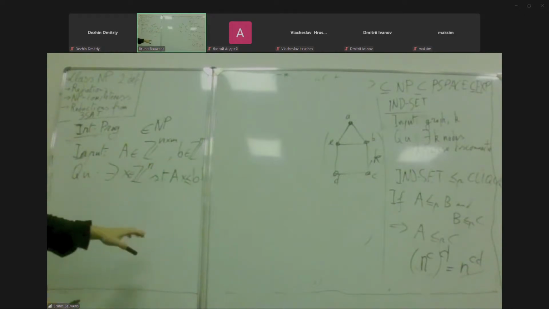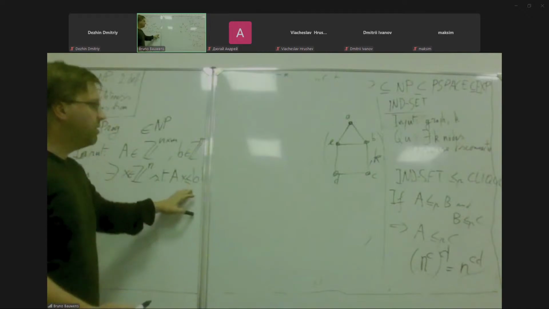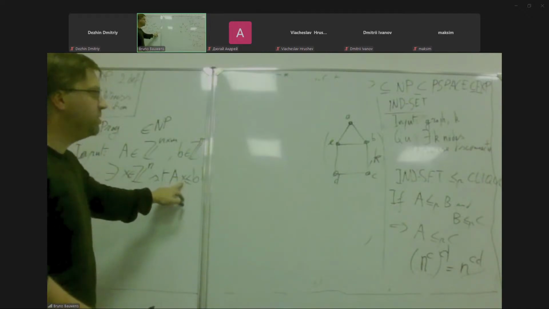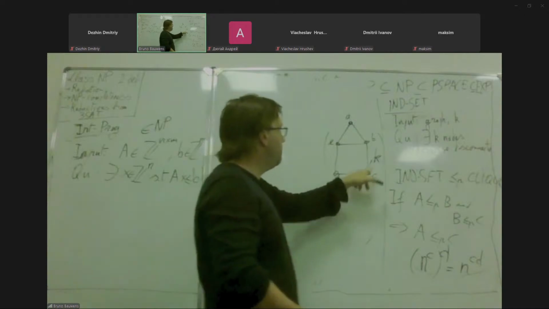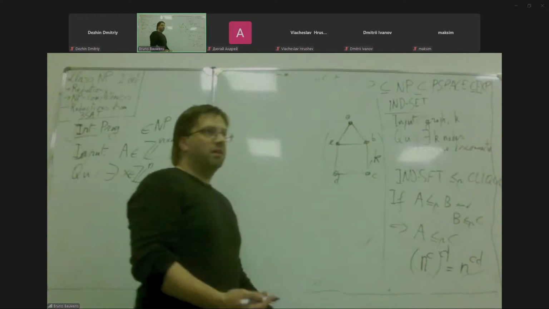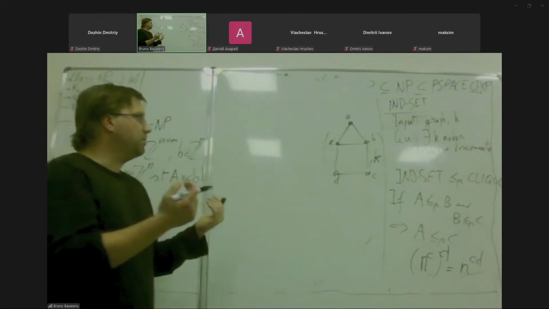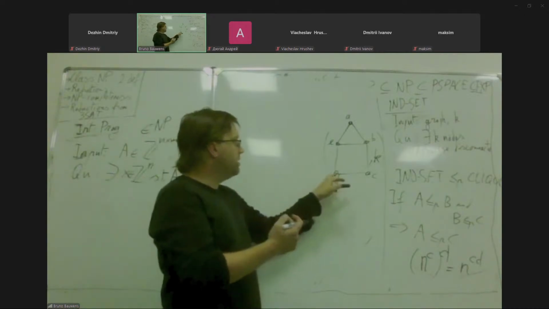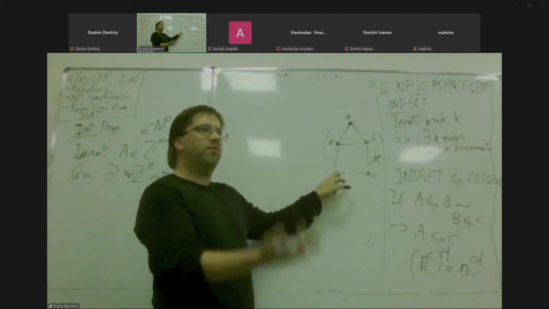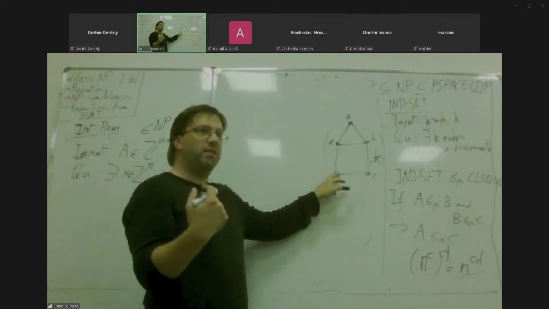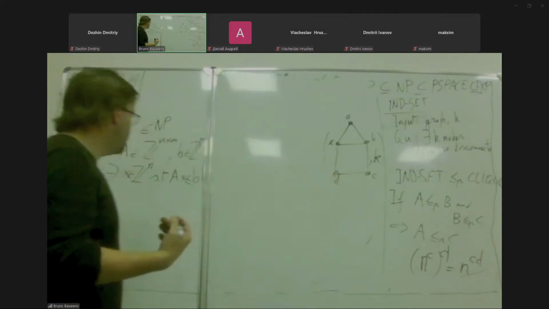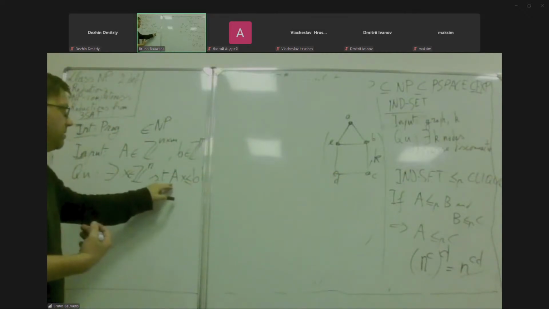Okay, and so I will label the variables. The variables I will be using correspond to nodes. The idea is that if the variable is 1, then the node is in the independent set. If the variable is 0, it's not in the independent set. An independent set exists if all inequalities are satisfied.